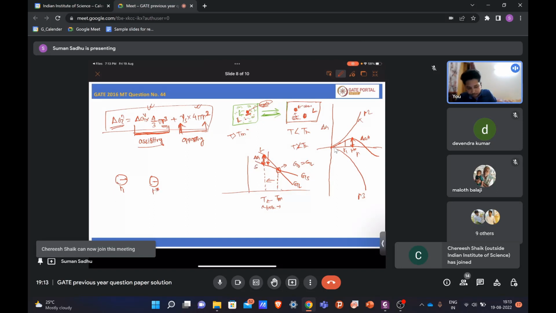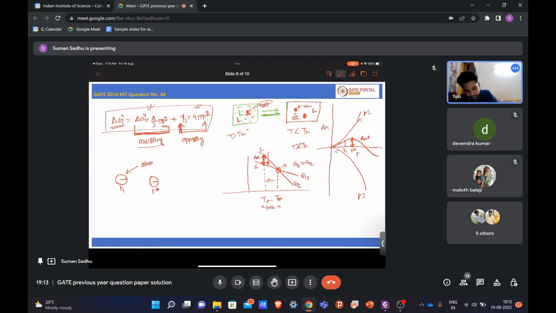Now what I am doing, I am adding one more atom here, right? And also I am adding one more atom here. So what will happen? This r1 radius will increase a bit. Let's say it is moved into r2, that means it is moved here. Similarly, the other radius also increases a bit. So it will move from r star to r star prime, or r star 1, let's say. So it will move here.